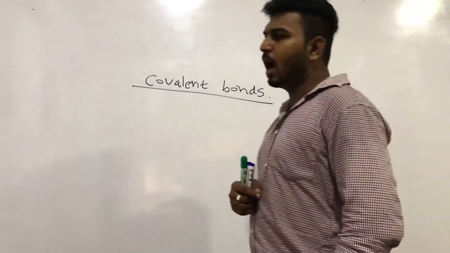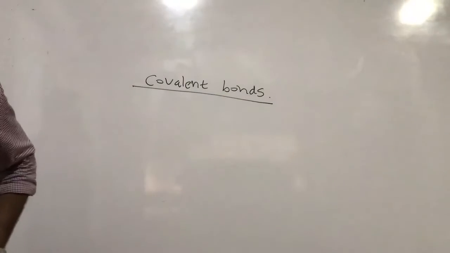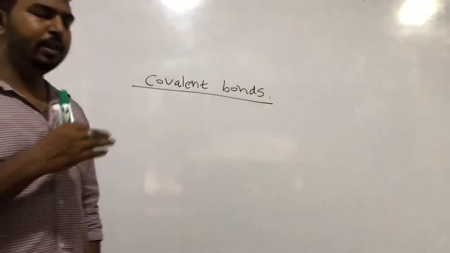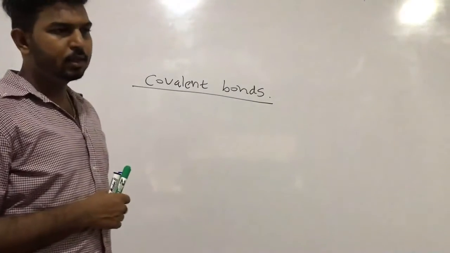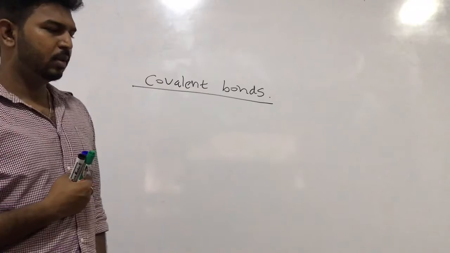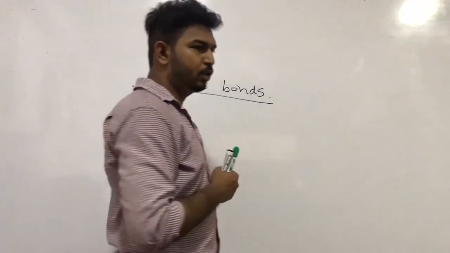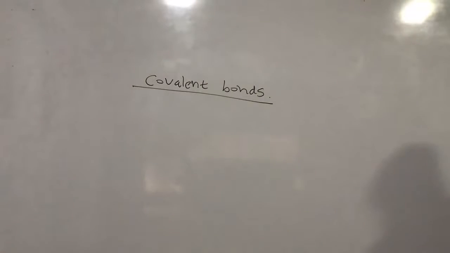Generally, unpaired electrons with a different spin will participate to form covalent bonds.